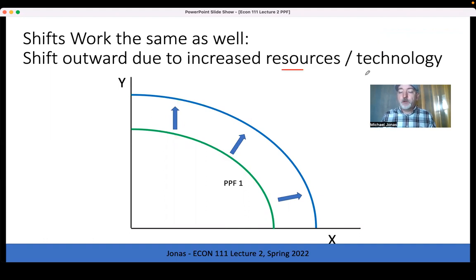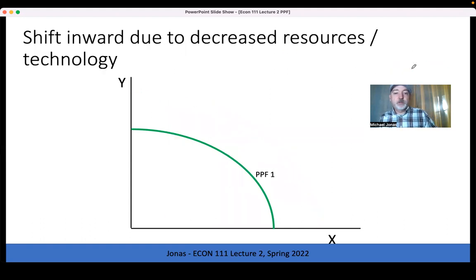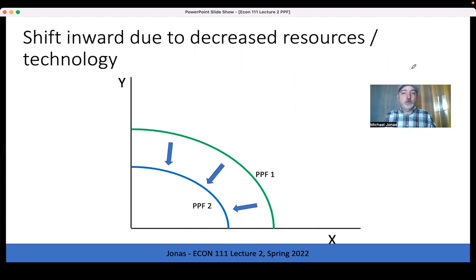The farther away from the origin we get, the more combinations of output are attainable, and that's only going to come from increased access to resources and technology. And when you see that PPF shift inward, combinations of output previously attainable are now unattainable. That's going to be coming from a decreased access to resources and technology from PPF 1 to PPF 2.